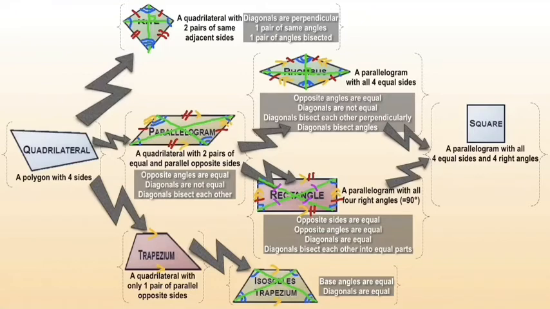So the first thing, same, you have to know is that these two sides are parallel and these two sides are parallel. And the square has four equal sides and four right angles.